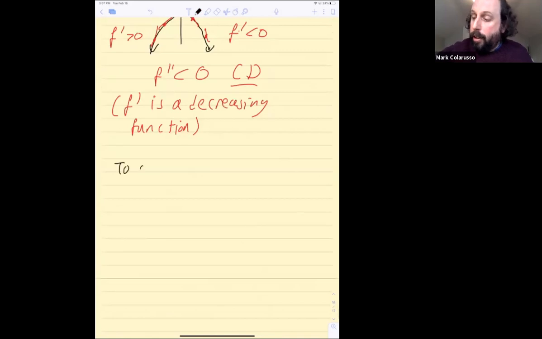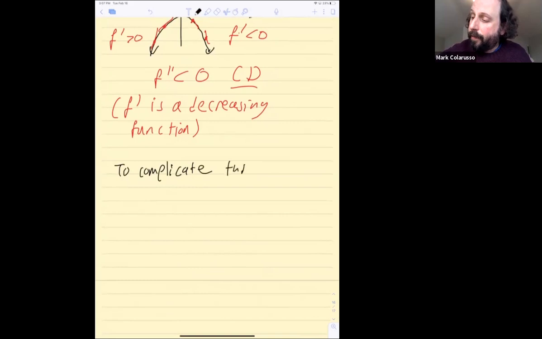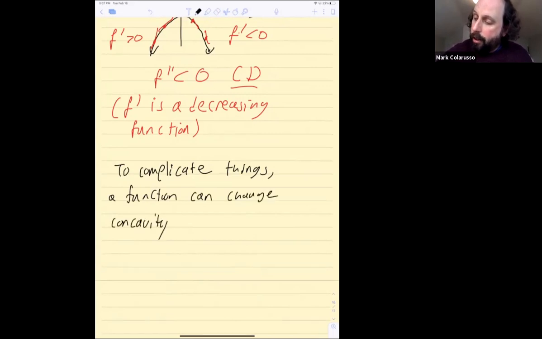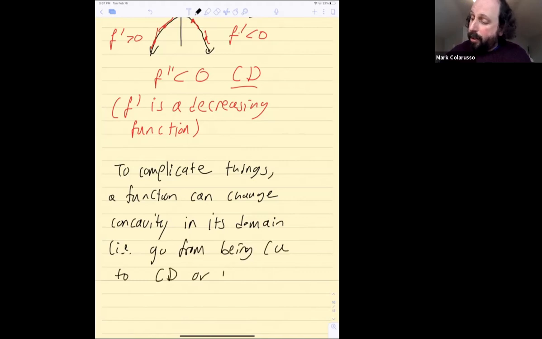So to complicate things, a function can change concavity in its domain, i.e., go from being concave up to concave down, or vice versa.